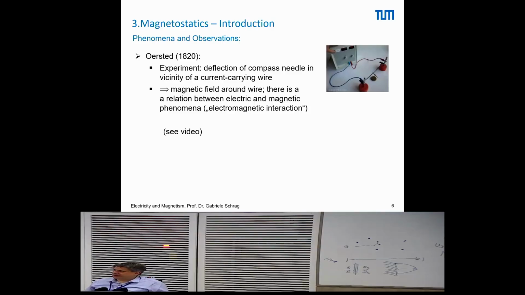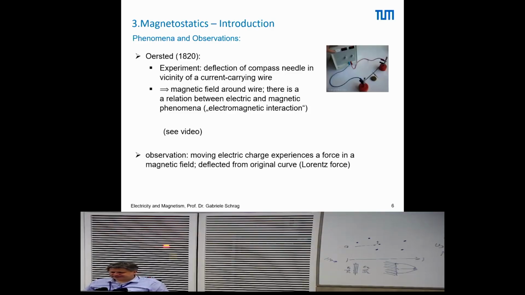So we have an electromagnetic interaction. The observation is that if you have a moving electric charge, then this charge experiences a force in a magnetic field, and it will be deflected from its original curve.